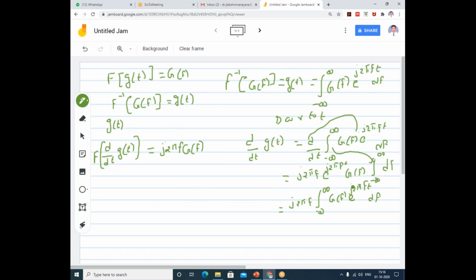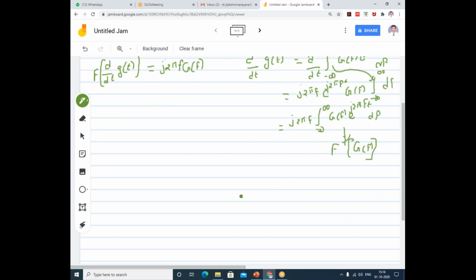Now please see this term. I can write it as f inverse of g of f. So what I'll do is I'm taking this f inverse to the other side.